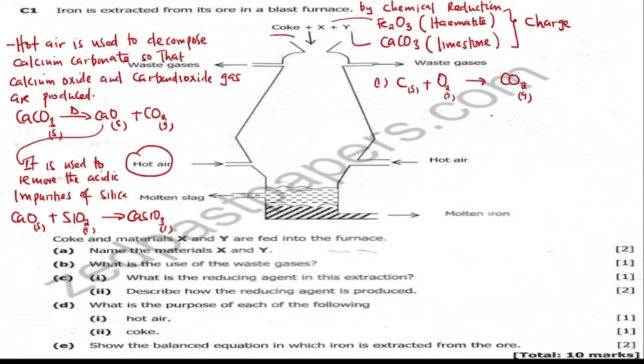Okay, now when this carbon dioxide is produced, due to insufficient hot air in the blast furnace, you understand that this coke, the remaining coke, tends to reduce the carbon dioxide to form carbon monoxide.